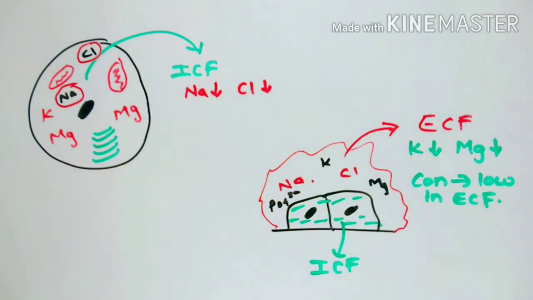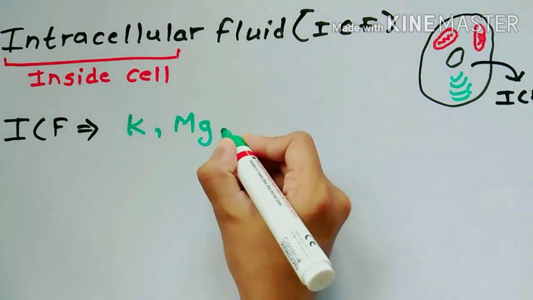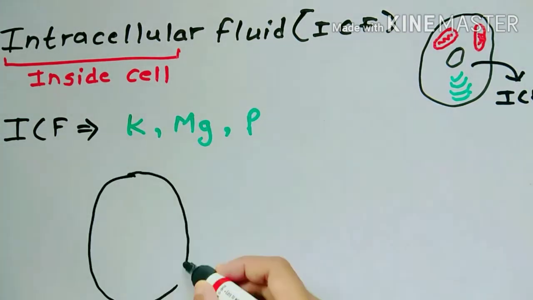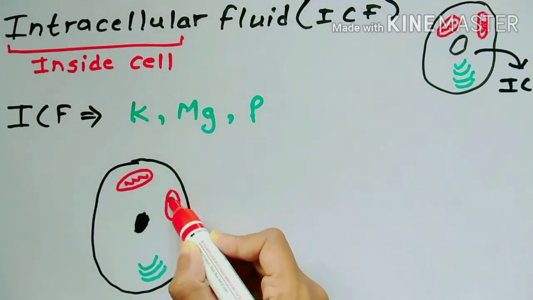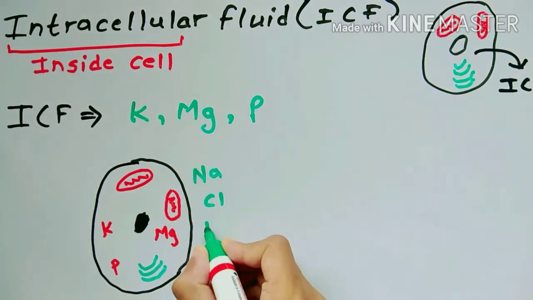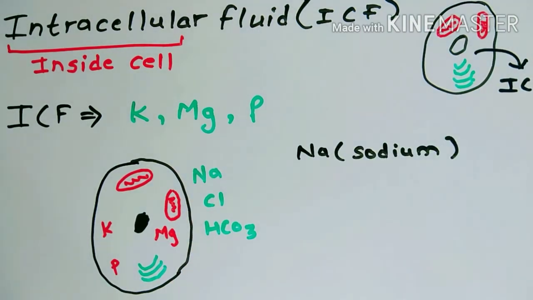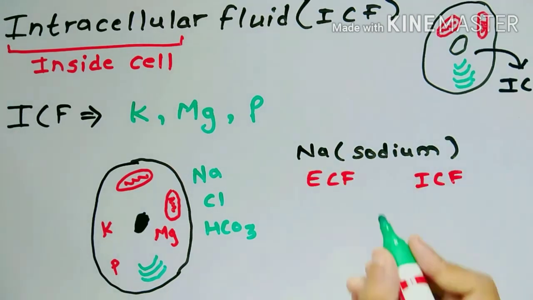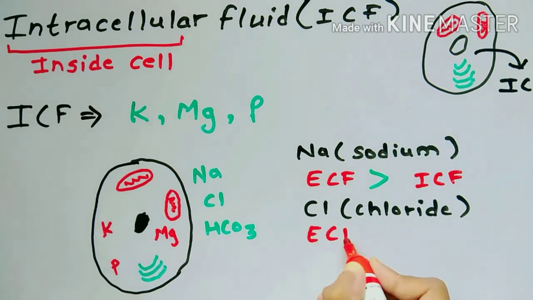And similarly with potassium and magnesium, these ions are found intracellularly more, not extracellularly. So the ECF contains a large amount of sodium but only a small amount of potassium, as well as a large amount of chloride ions, and ICF contains very small amounts of sodium and chloride ions.